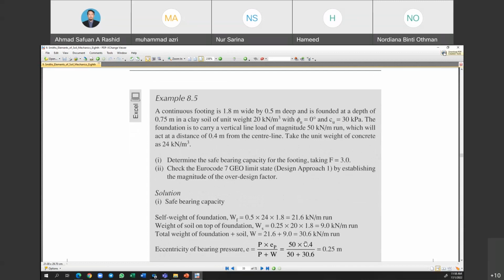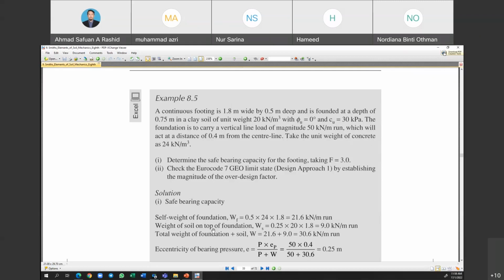Self weight of the foundation: 0.5 is the thickness of the foundation, times 24 the unit weight of the concrete, times 1.8 the width of the footing, so we get 21.6.